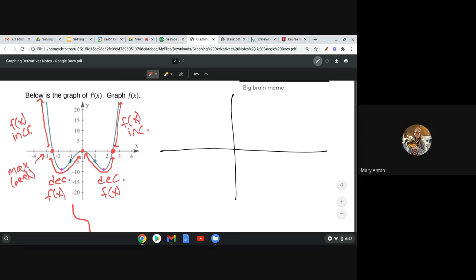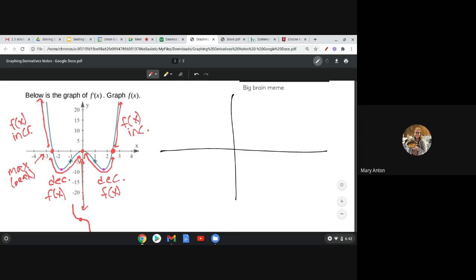And we'll learn about this Wednesday this week. An inflection point is when our graph will switch from concave up to concave down, or vice versa. And the slope is 0 at that point. And that's what this point is. This will look something like this.